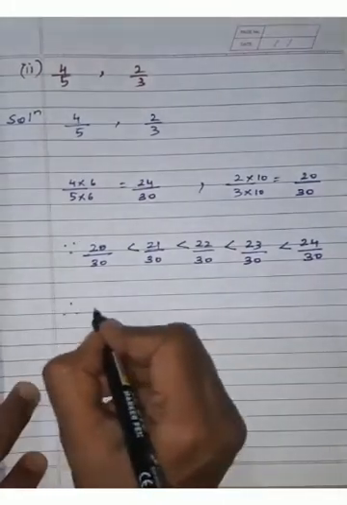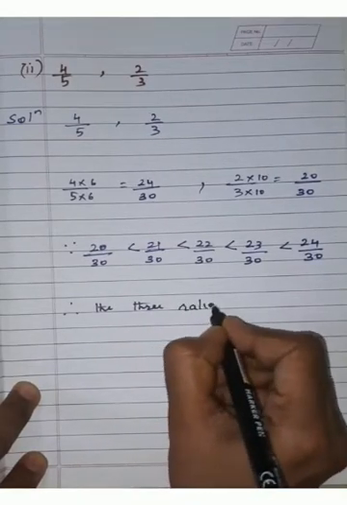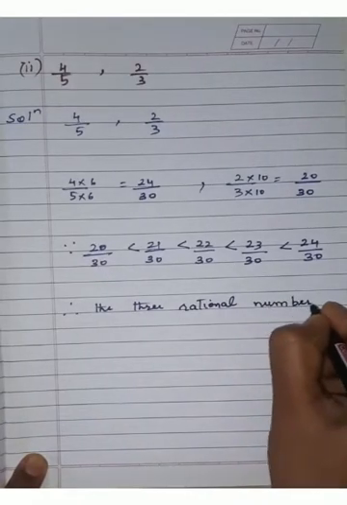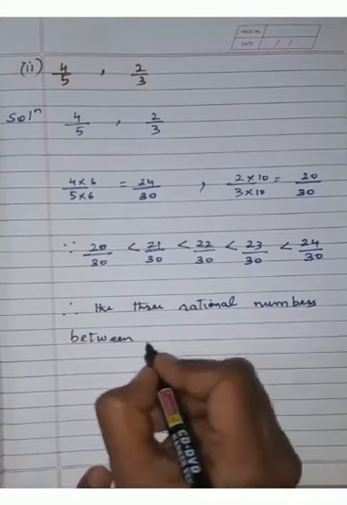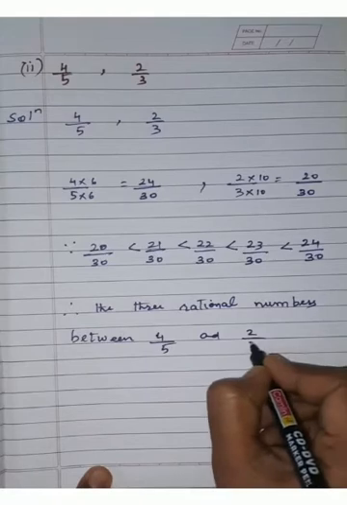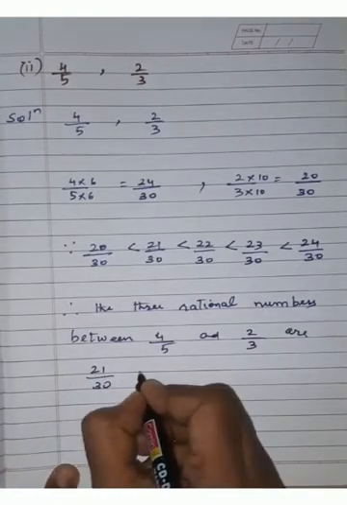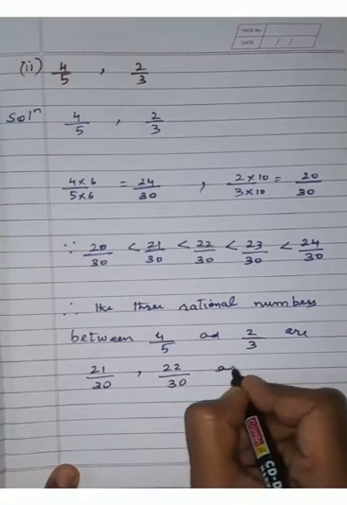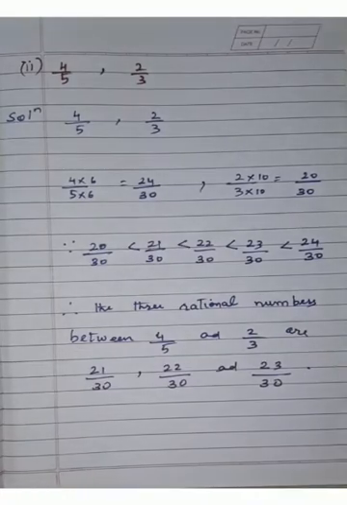So we will write, therefore, the 3 rational numbers between 4 upon 5 and 2 upon 3 are 21 upon 30, 22 upon 30 and 23 upon 30.